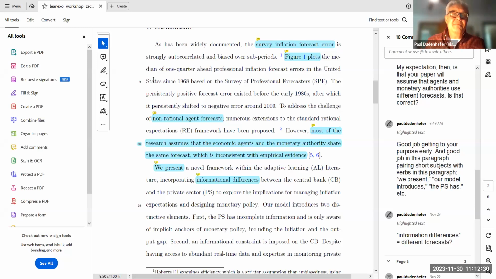There's got to be some reason that makes it particularly suited to answer the question that you're trying to answer. That's the reason. And it's a very common kind of question, so you should expect to get it when you're making presentations.